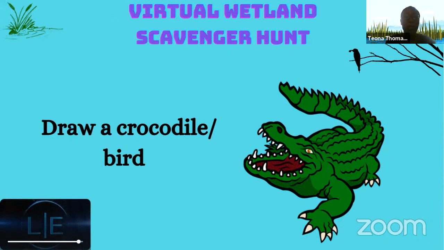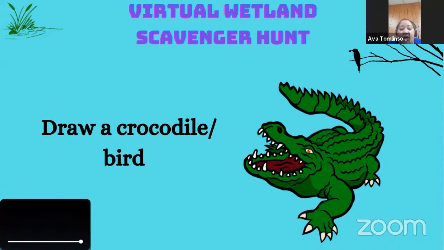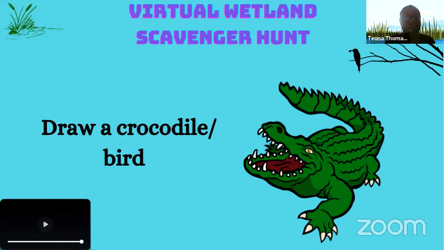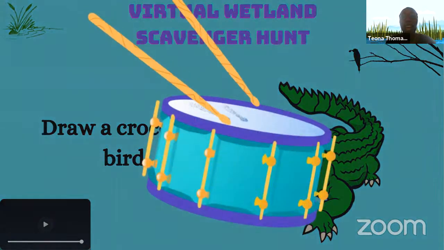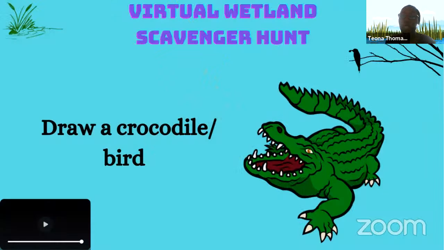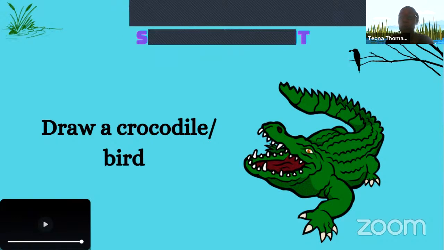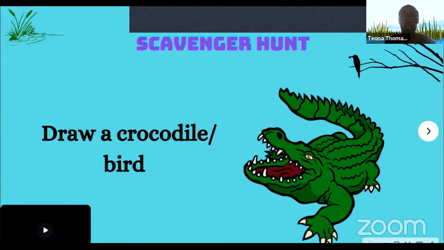Awesome. So with the first challenge, you were asked to draw a crocodile or a bird, both of which can be found in our wetland areas. A crocodile within the waters, and the bird will use the trees, the canopy area, for their home.